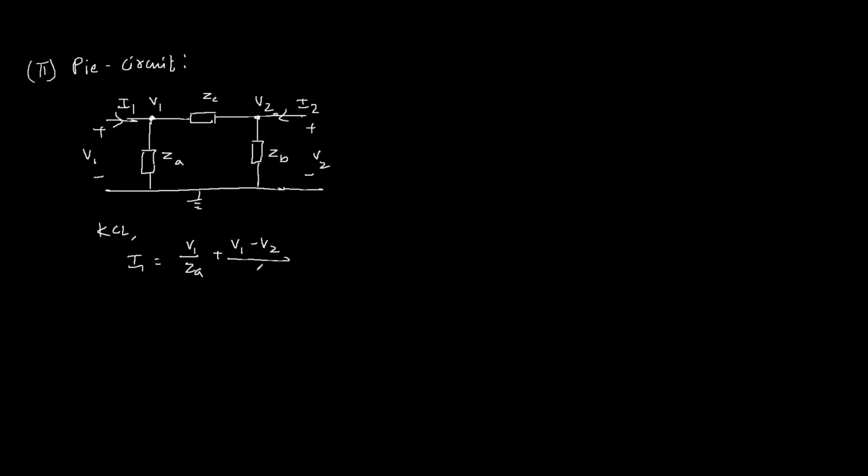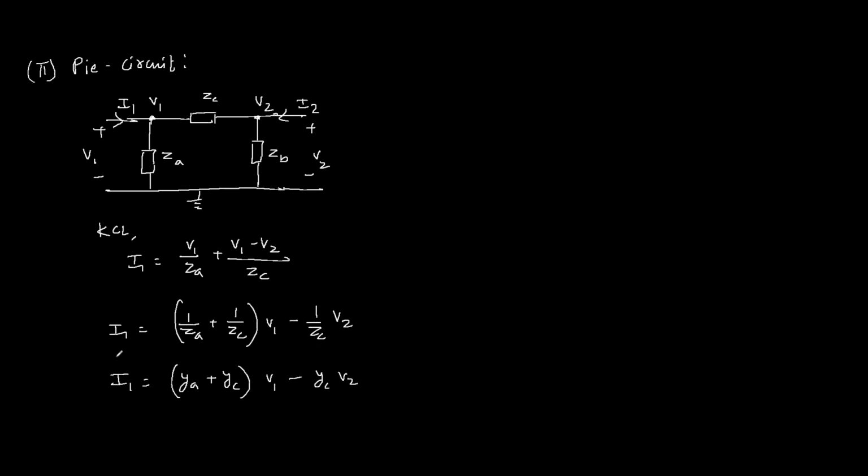So I1 is basically V1 times 1 over ZA plus 1 over ZC, minus 1 over ZC times V2. See, ZA is impedance, so 1 over ZA is YA, admittance, and 1 over ZC is YC, admittance. So this is basically the first equation.